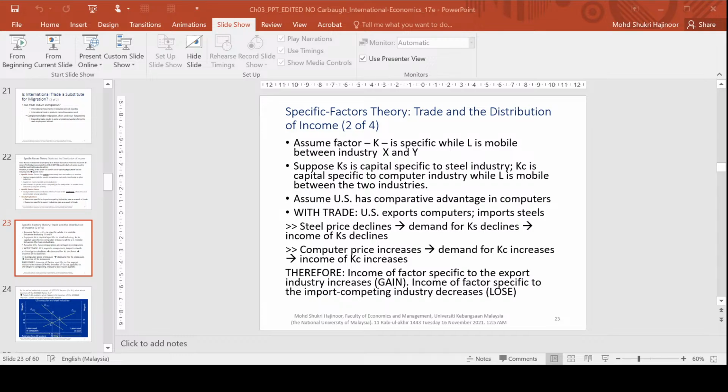So both cases we've seen. First case, trade and tech change. The result is a widening of the wage gap. Immigration of unskilled workers also has the same result: widening of the wage gap, which is inequality. This is the first one, because of trade.